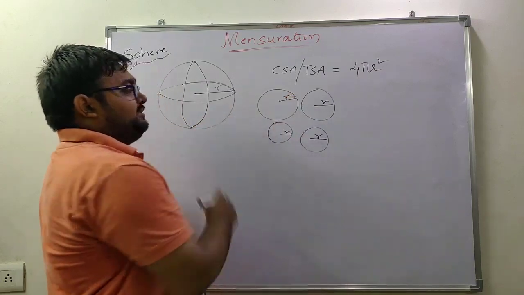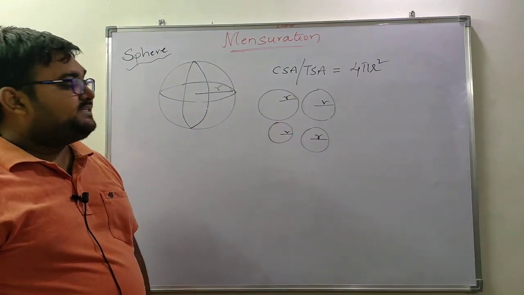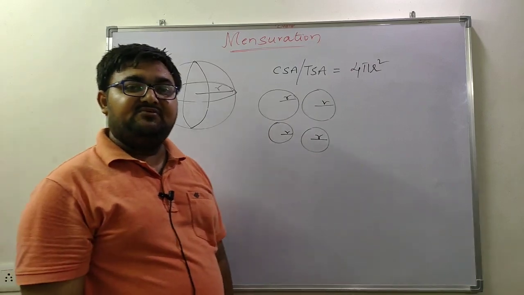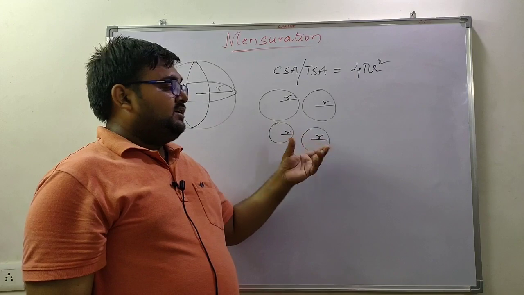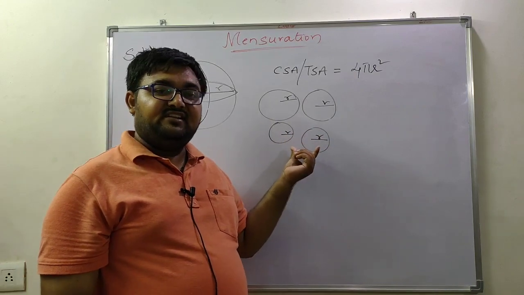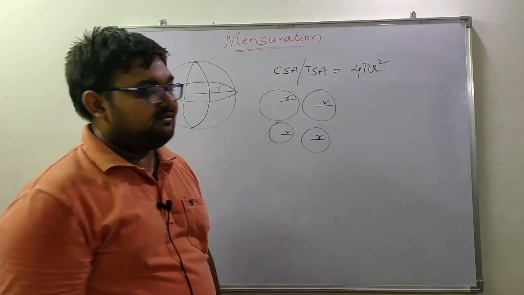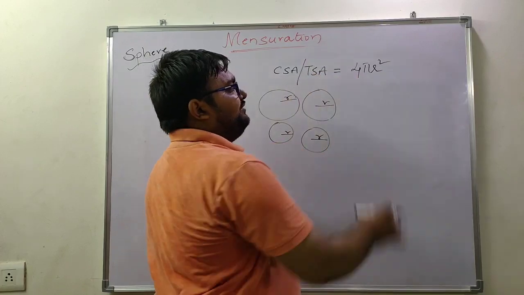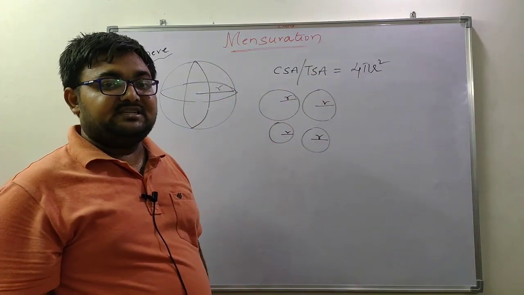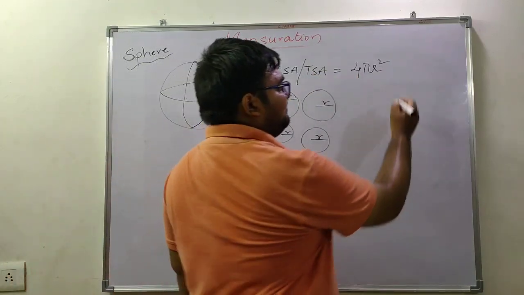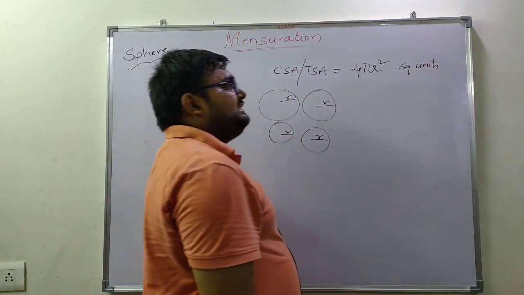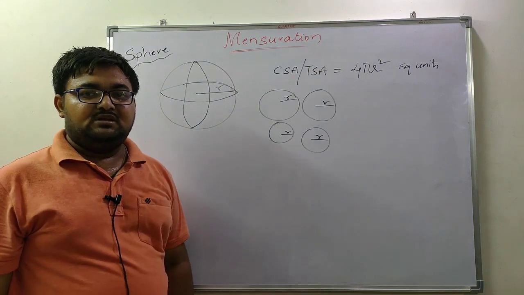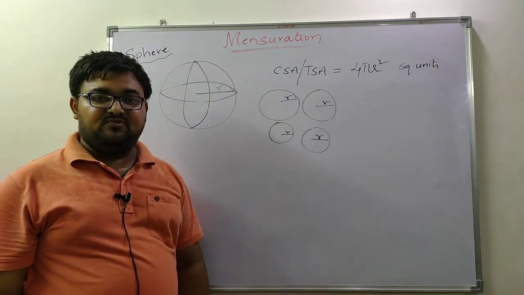The thread which is wound around the sphere, if you open it out and make circles, will fill 4 circles with radius r. Based on that, we can say that the curved surface area, total surface area of the sphere is given by 4 pi r square units. So this is nothing but an experimental proof. There is no particular geometrical proof for this.